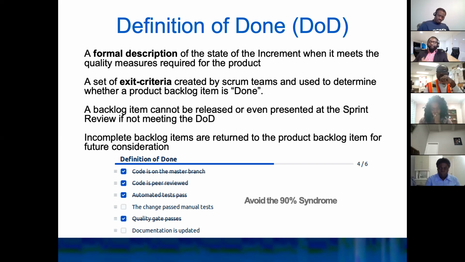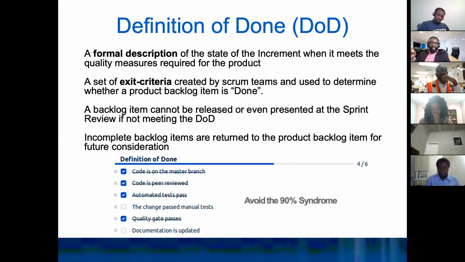An example in software development would be this, right? Every time you're completing something, you can have a checklist where you're clicking, okay, this is completed. We've done the code and it's merged on the master branch in Bitbucket, for example. The code is also peer reviewed, right? There's no issue. We did the code review and all that.